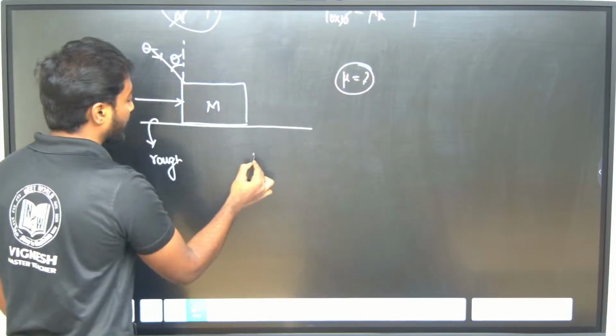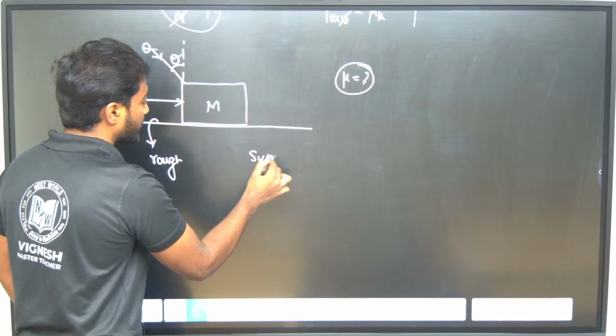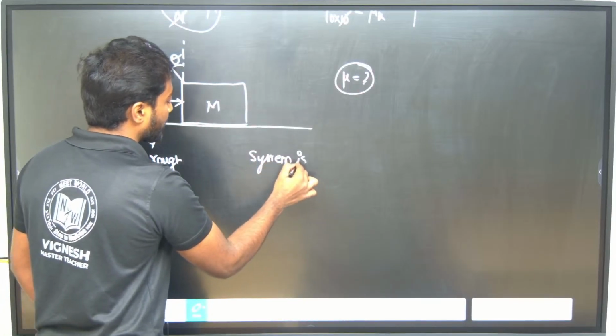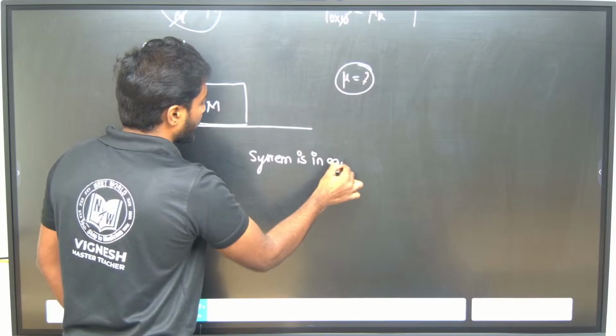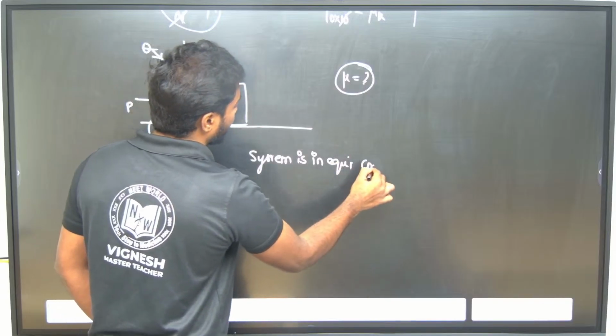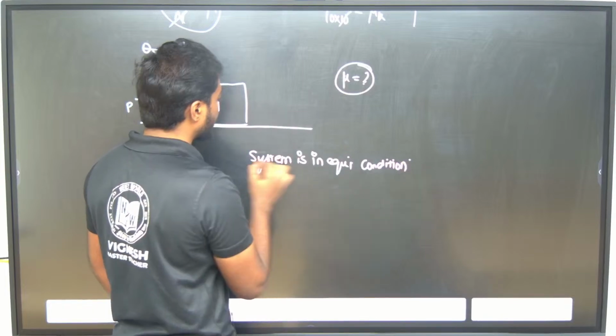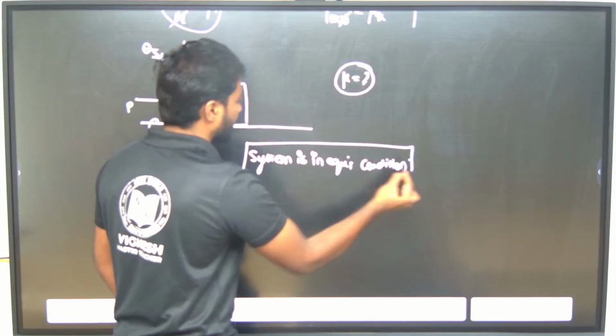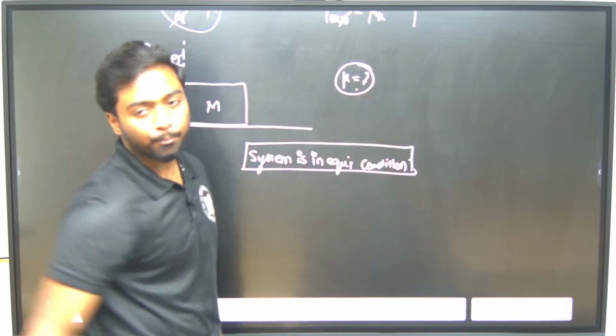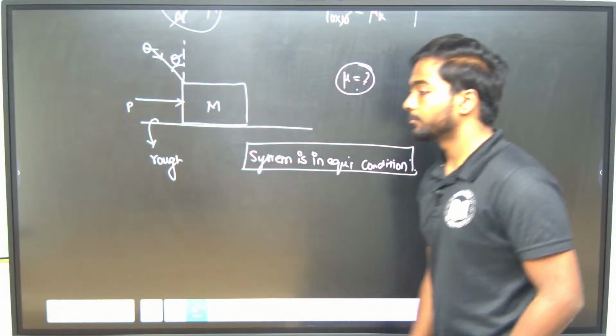The system is in equilibrium condition. This is what they have given. So, what will be the mu value? What is the value of mu?